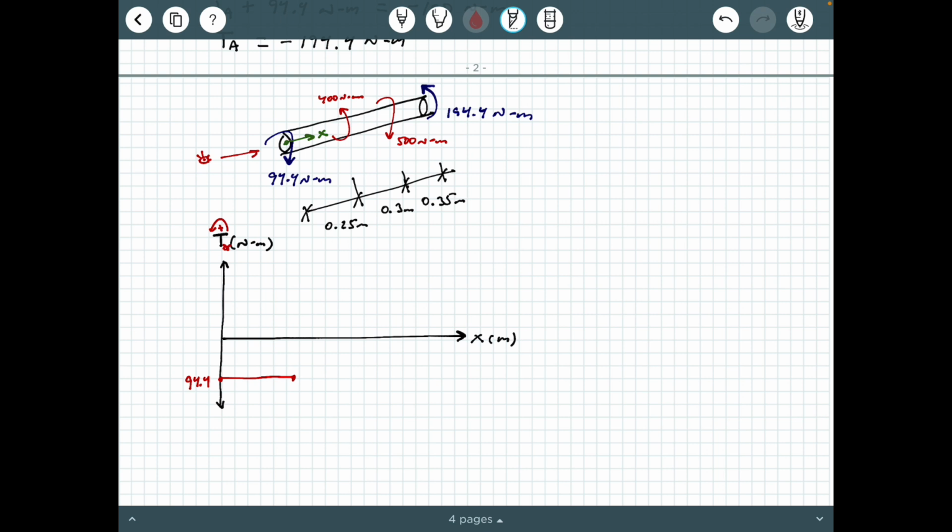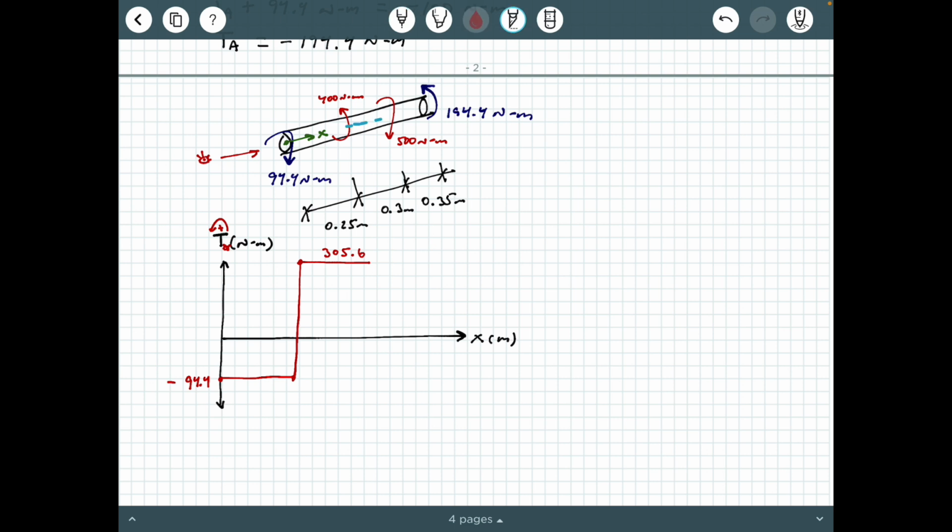So we say negative 94.4, right? This is really a negative here. And then we say plus 400. And so we're going to jump way up to a positive 305.6, okay?